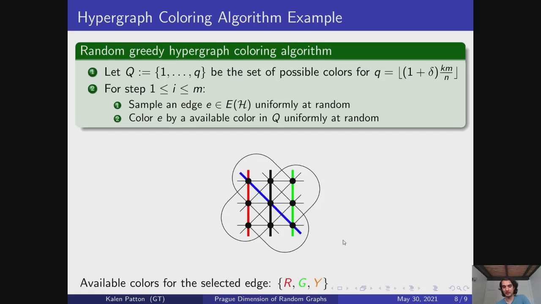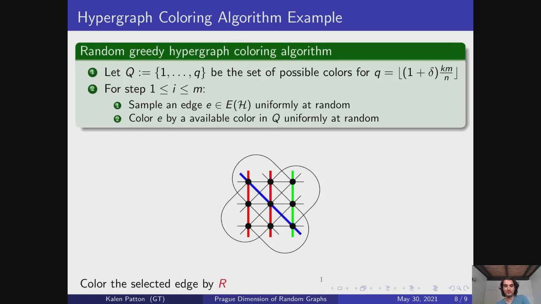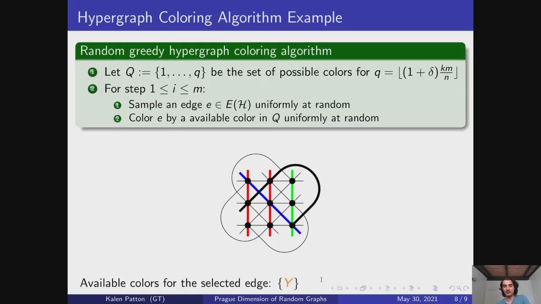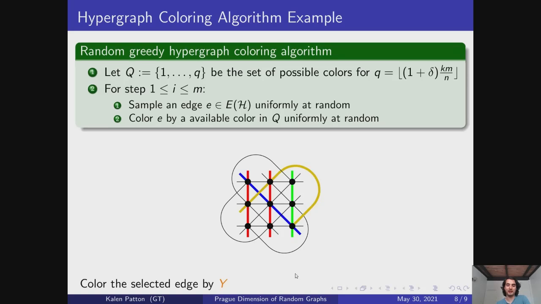And then we just continue like this. So if we sample this edge, the set of available colors is red, green, yellow, so we pick one uniformly at random to assign, say red. And then for this edge, because it intersects a blue, green, and red edge, the only available color is yellow, so that will be the color assigned by the algorithm. And then if our algorithm terminates here, then we have this set of 5 colored edges that make up our random subhypergraph H_m, and then we have the coloring given by the algorithm of H_m.